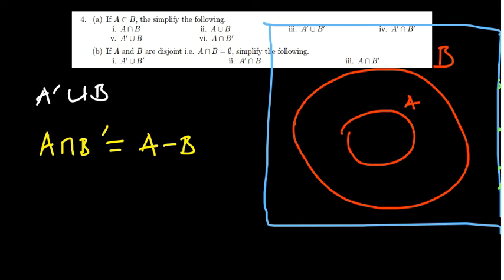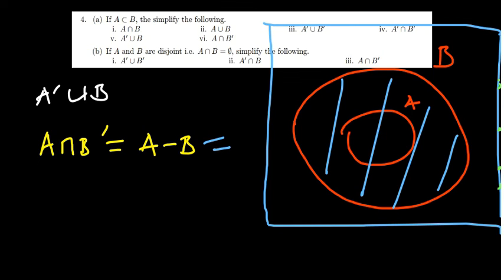Is it possible that we can remove B from A? Because remember, A is part of B. So if you remove B from A, then I feel it should be an empty set. Because A is actually part of B. So if you remove B, you are removing all the elements, so it remains an empty set.